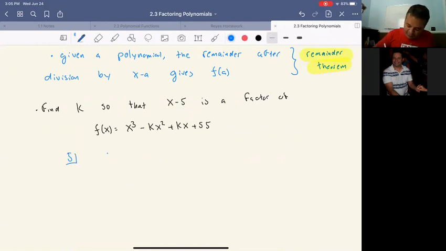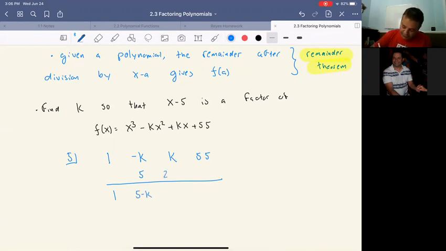We're going to have 1, negative k, that's the coefficient of x squared, k, that's the coefficient of x, and 55 along the top. All right, 1 comes down, 5 comes up. 5 minus k comes down.